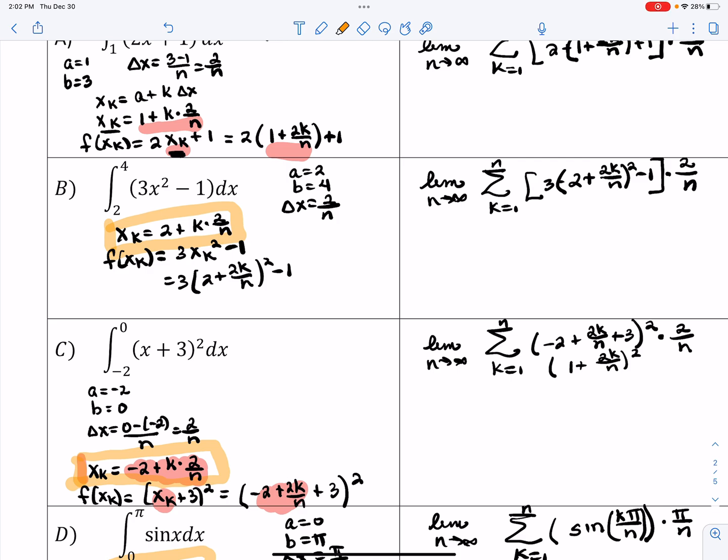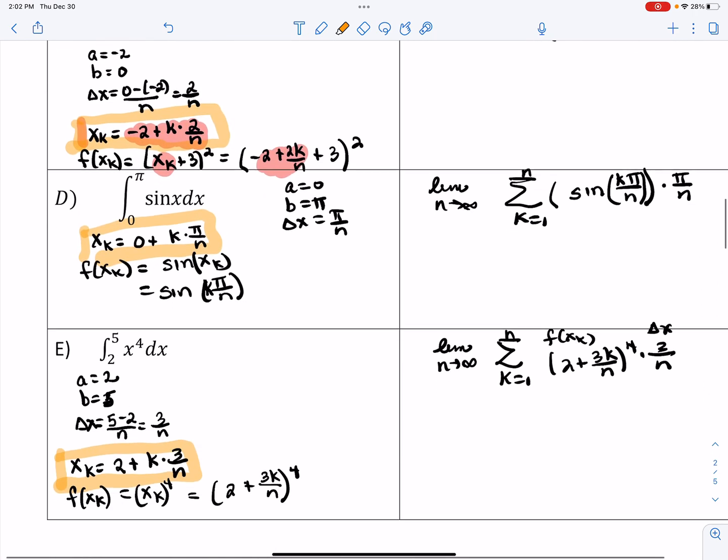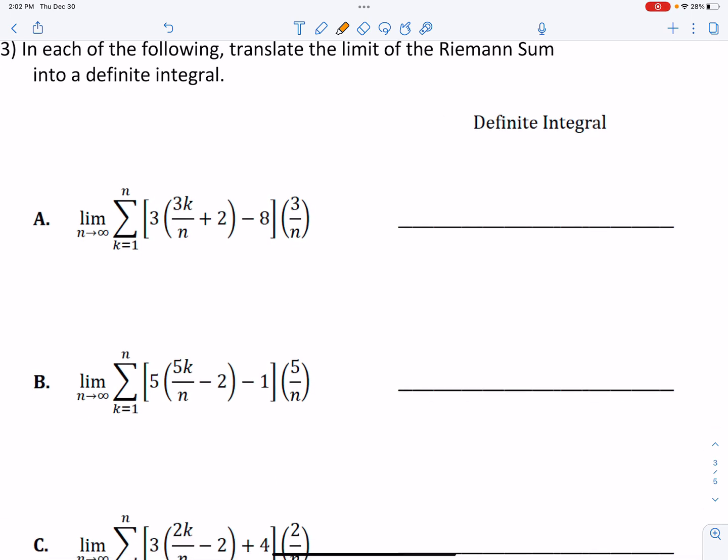Okay, so it all stems from the x sub k. So the f of x sub k is after the sigma symbol. So if we take a look at these limits of Riemann sums, the x sub k's are the parts that have the k and n alone.